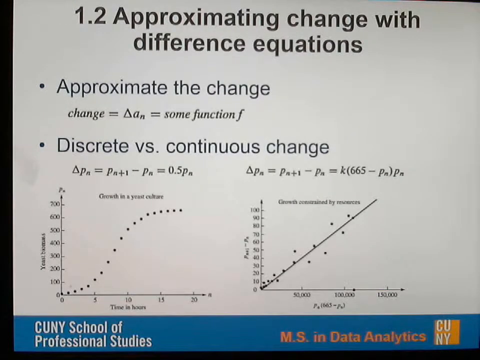Let's say we want to approximate the change, distinguishing discrete versus continuous change. If it's discrete, in this example we can approximate the change by 0.15 times Pn, the value of the previous period.